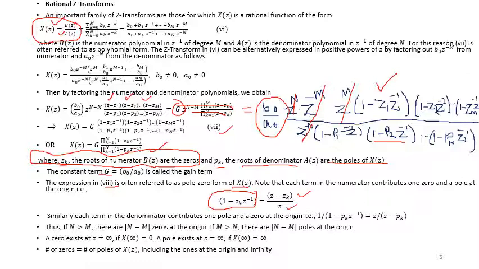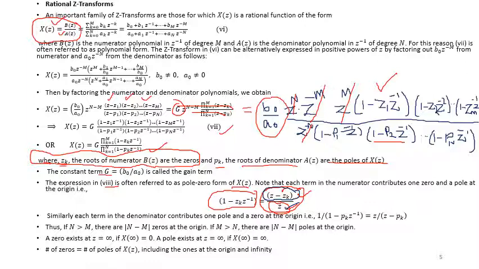That means each term in the numerator contributes, because you see that it has one zero at z equals zk, and it has one pole when z equals 0.